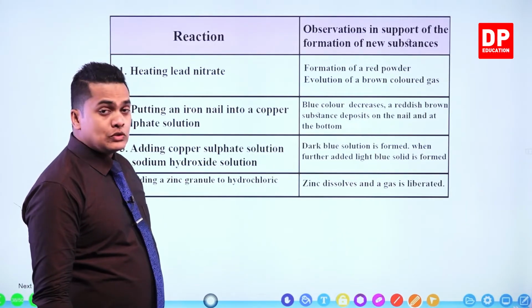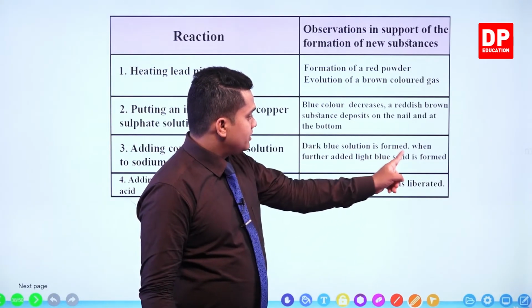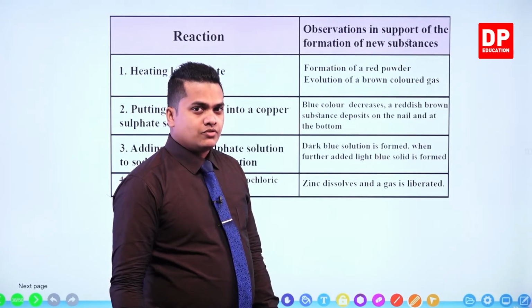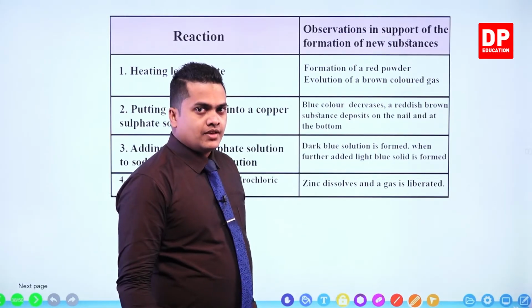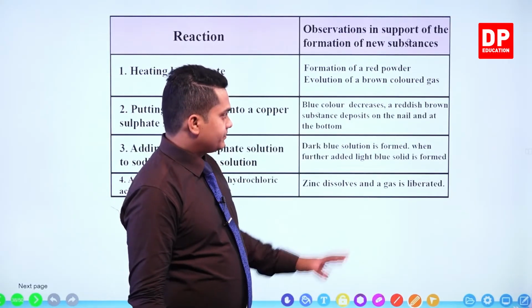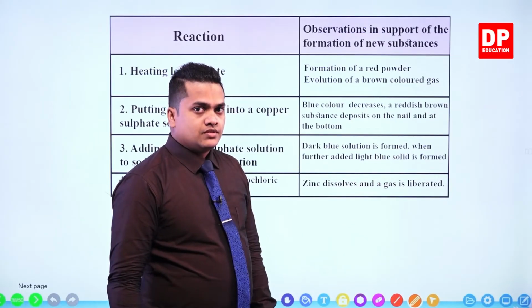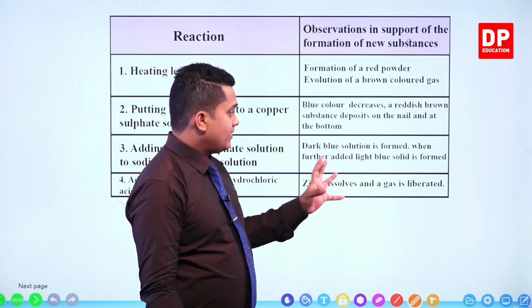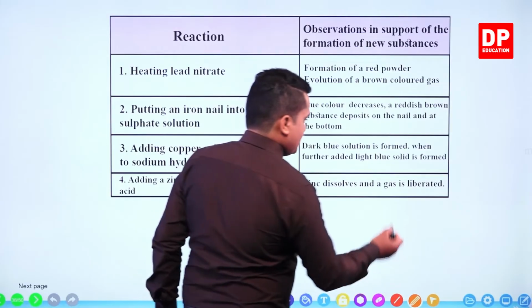Observations: a dark blue solution is formed. Actually it is a precipitate, a blue color precipitate is given. When further added, a light blue solid is formed. Right? When you add even more, a light blue solid is going to be created. That solid is referred to as a precipitate.